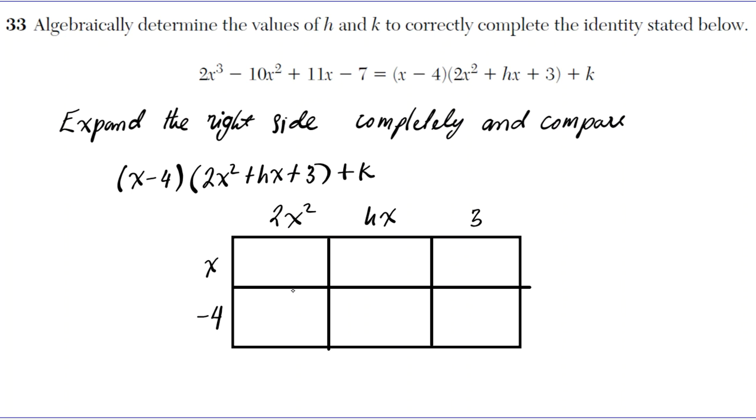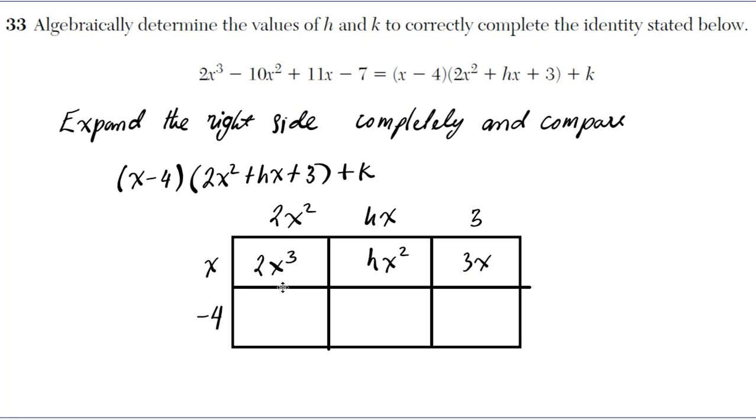All right, let's go ahead and multiply. So we have x times 2x squared is 2x to the third power. And then hx times x is hx squared. Just multiply the x and the x, so hx squared. And then we have 3 times x is 3x.